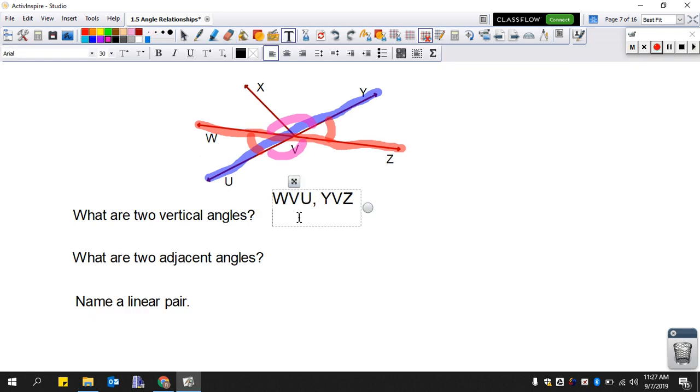You may say, what about that line VX? Well, because it's not an intersecting line, it doesn't play a factor at all in identifying vertical angles. So that second set of vertical angles is WVY and UVZ.